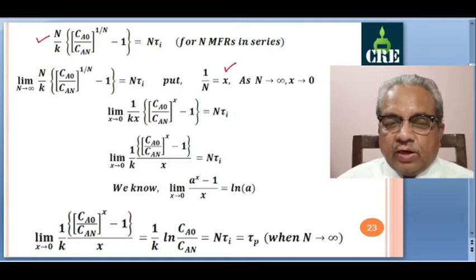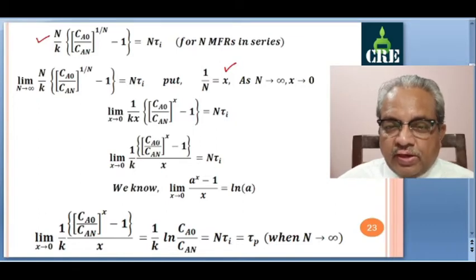So this we can write as the limit as x tends to 0. 1 upon k we have taken outside, and this function of x is of the form a raised to x minus 1 by x, and the limit of this function is ln of a.